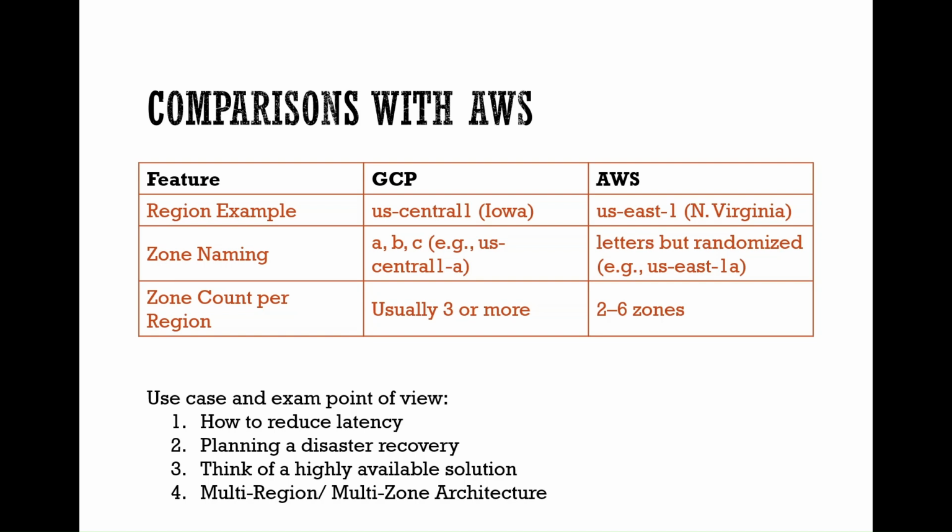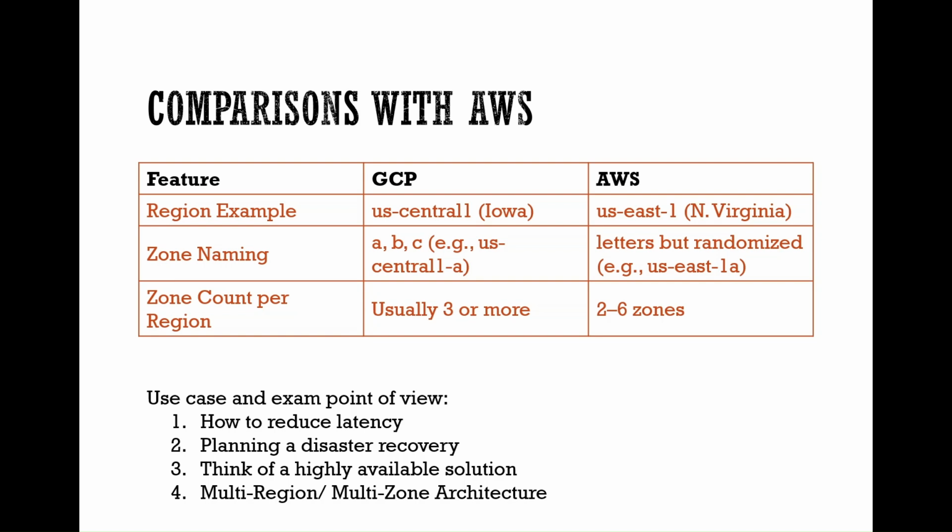Maybe you can use CDNs. It's an altogether different service that I will explain in upcoming videos, but you can use CDNs and carefully place your instances in proper zones and regions.